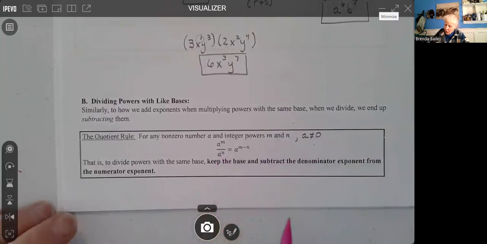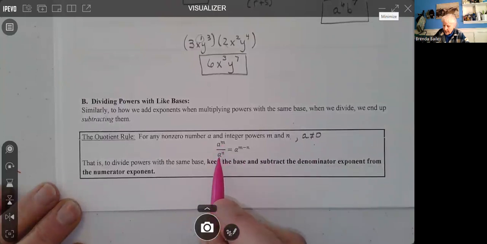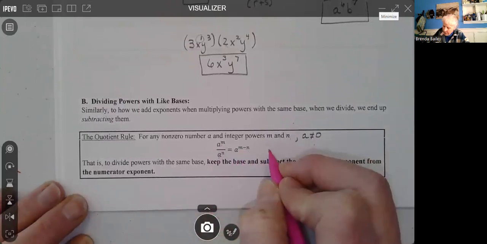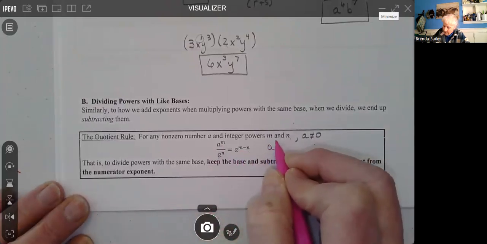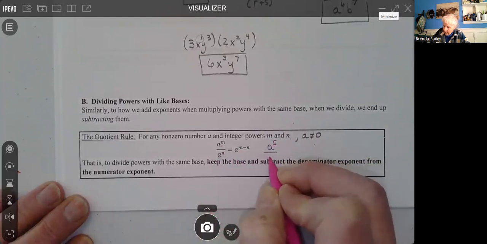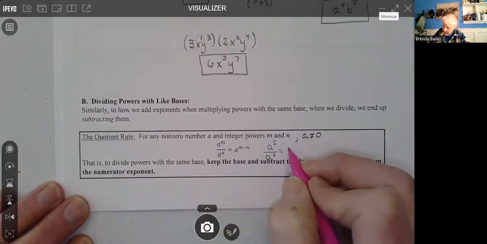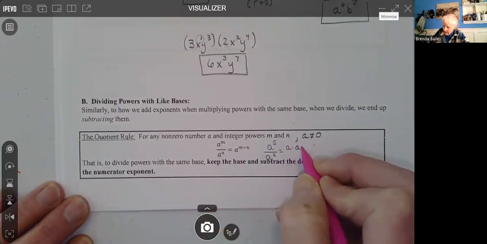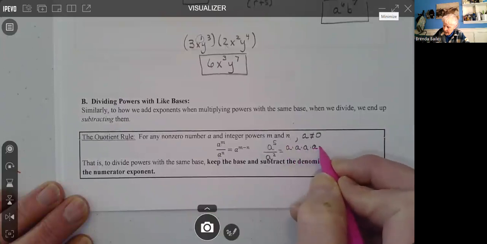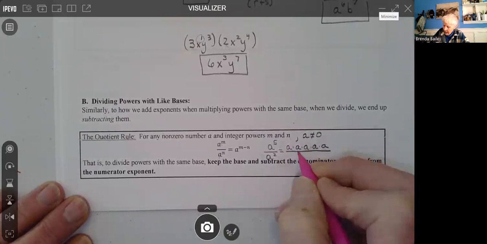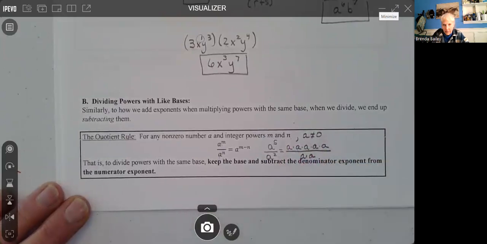Okay, so when you're dividing, it tells us what we're going to do is subtract the exponents. As an example, if I had a to the 5th over a squared, we know that a to the 5th is a times a times a times a times a. And then in the denominator, we have a times a. We have 2 of those being multiplied together.